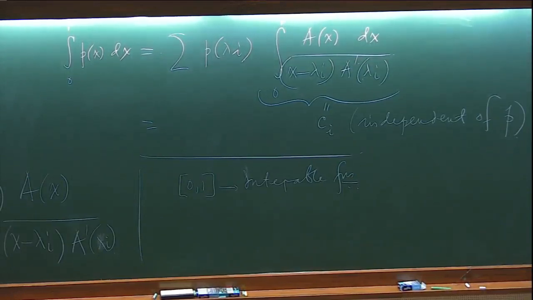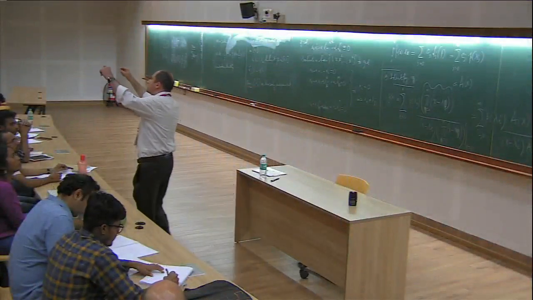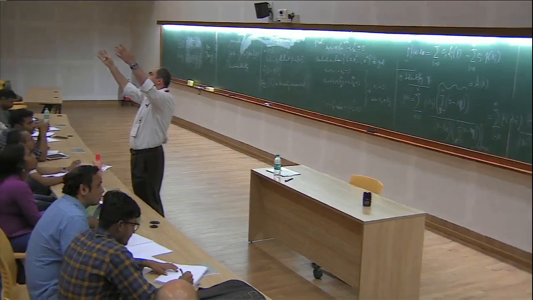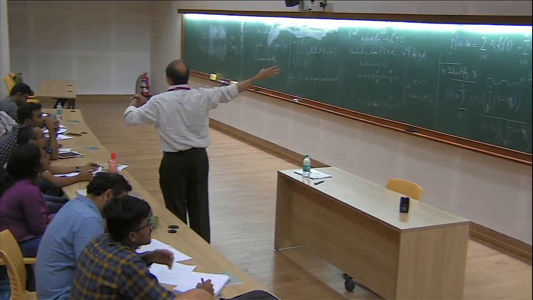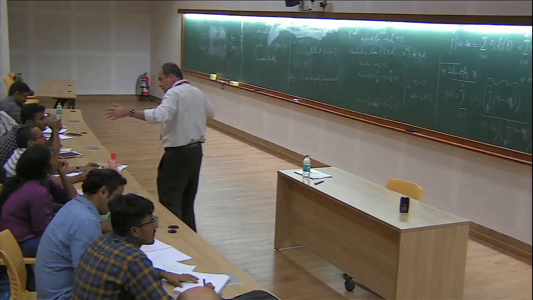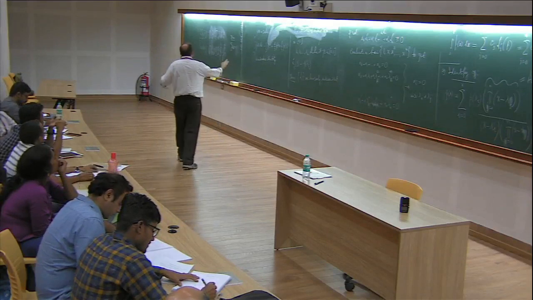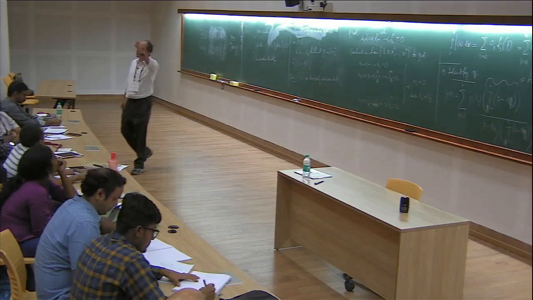The answer is clearly no, because if you were to deal with only finitely many of these points lambda i, you could fool around with the function in between two of these points without changing the value at these points. So the right hand side is not going to change, but the left hand side will change. So this simple observation tells you that if you were to have only finitely many points in such an identity, then there is no hope for something like this to be true for the class of integrable functions, because you can perturb the function.